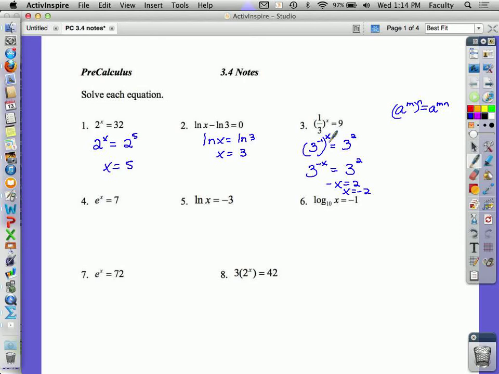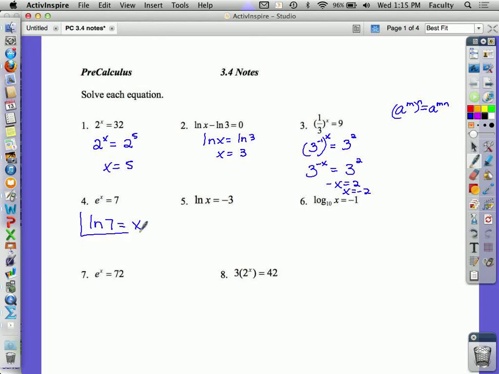e to the x equals 7. How might we solve this one? Anybody remember? Are you going to log, like the other form? Yeah, to go from exponential to logarithmic form, if it's base e, that's ln 7, and it equals the exponent, and in this case that's x.